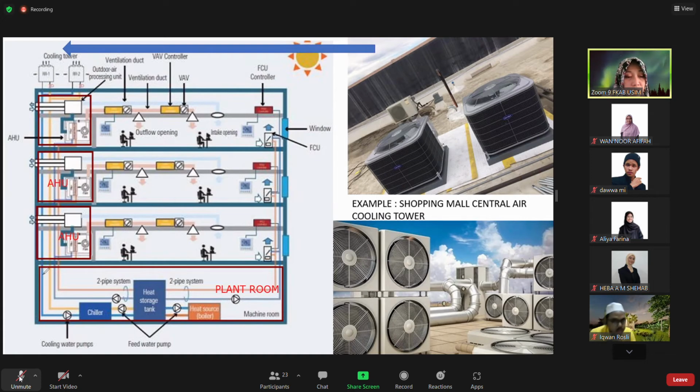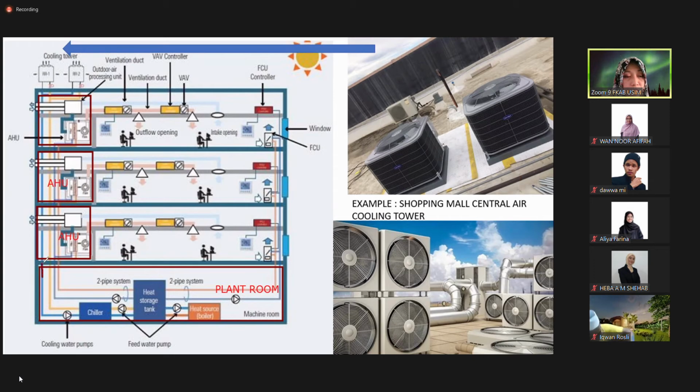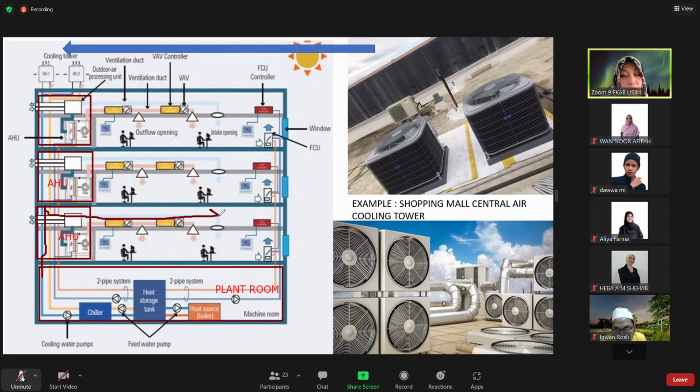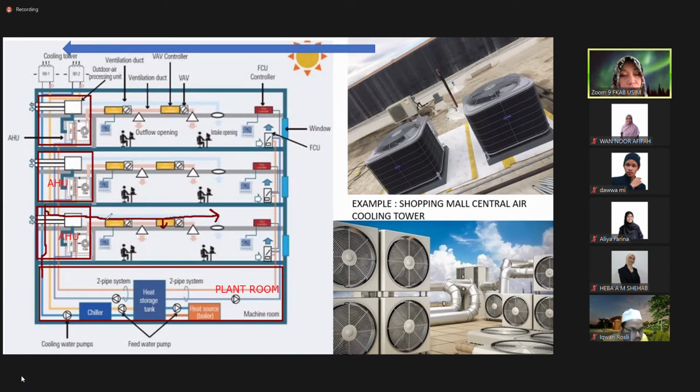And you need the cooler, the air cooler, evaporator. So normally from the AHU, they have a diffuser to provide the air blower here.